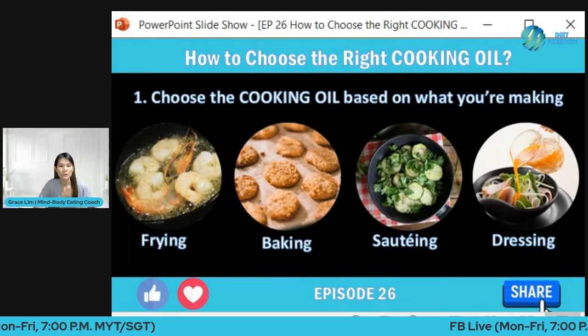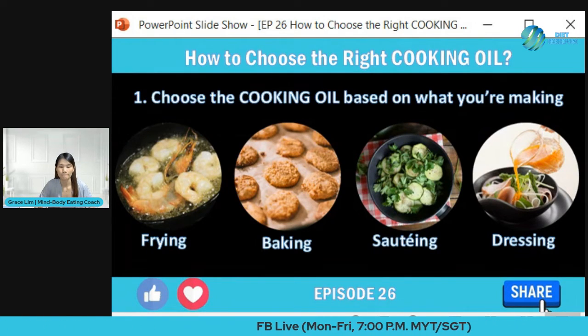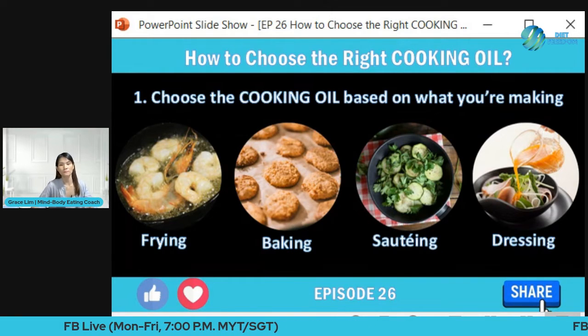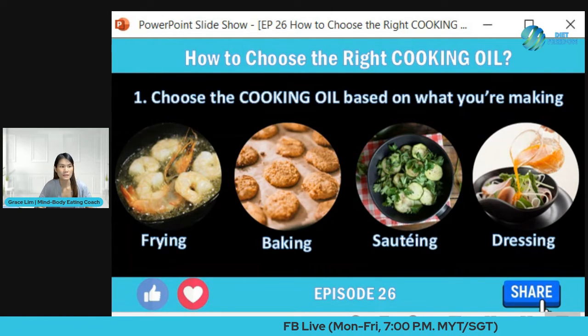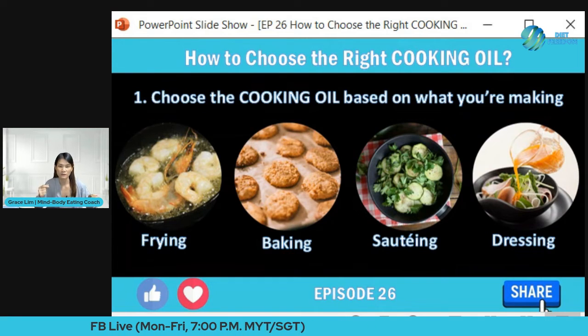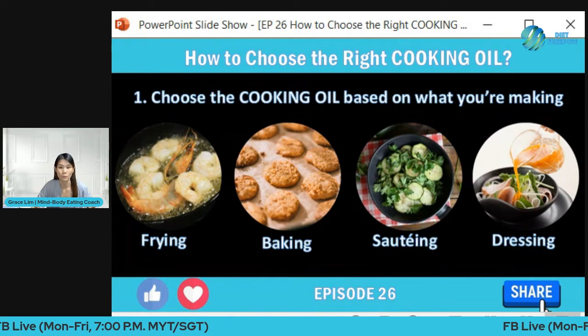Okay. So next, how about when you are doing some oven baking? Go for a very neutral tasting oil, like canola or vegetable oil, something that won't have too much impact on the flavor that you are working with.